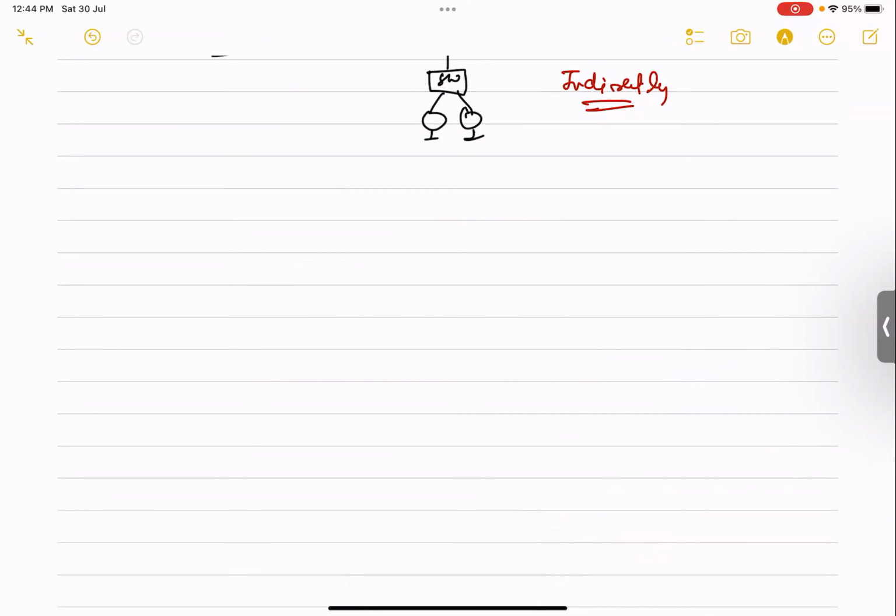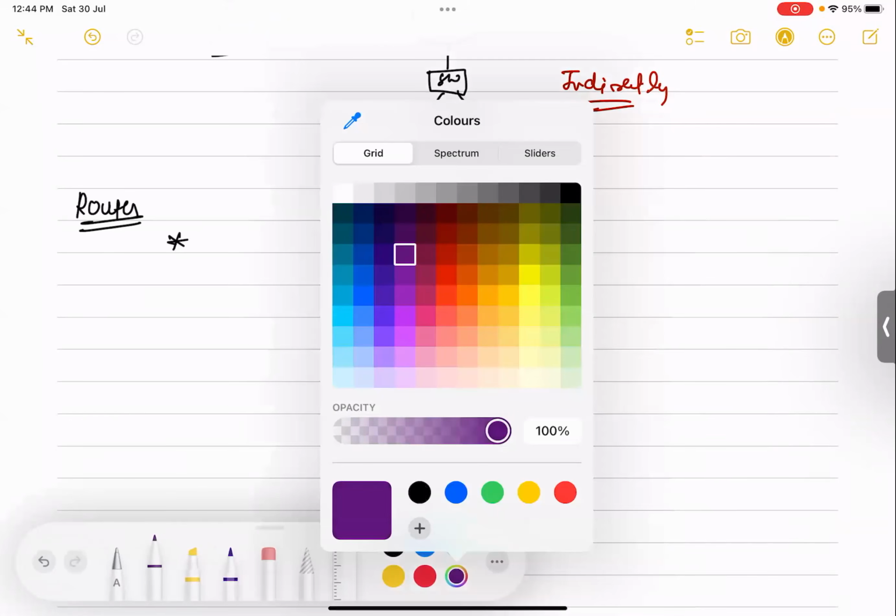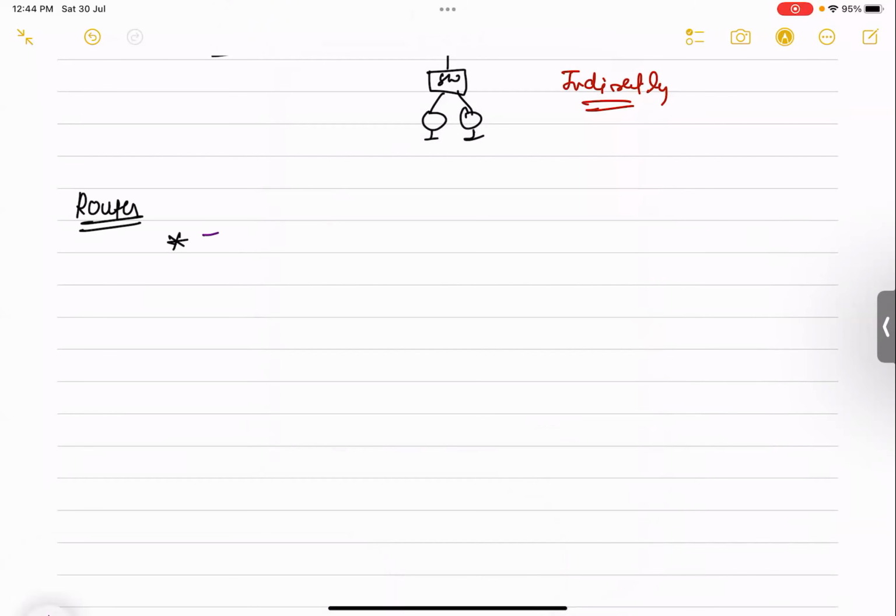Now the next thing. We discussed short theory about the router first. The first point we need to learn for the router: it is a Layer 3 device.